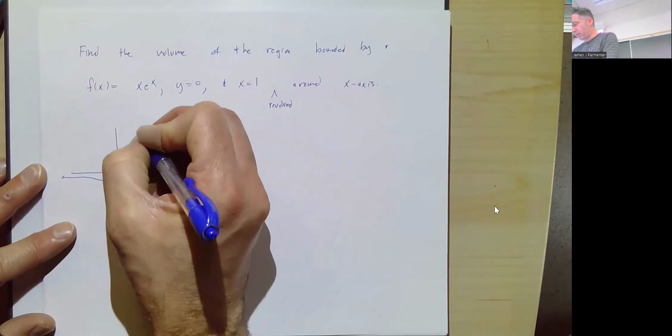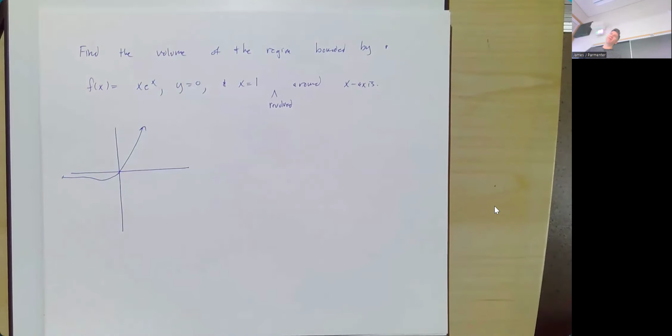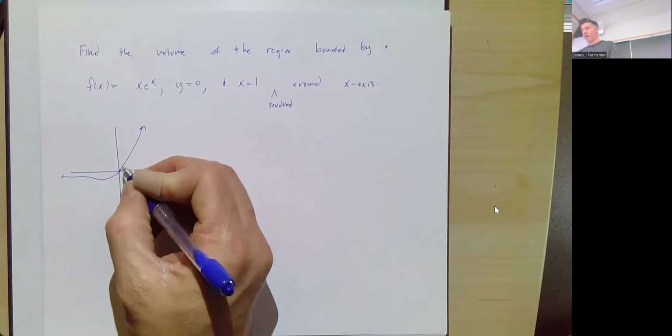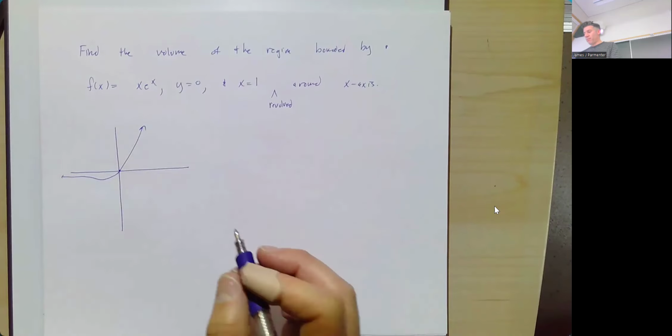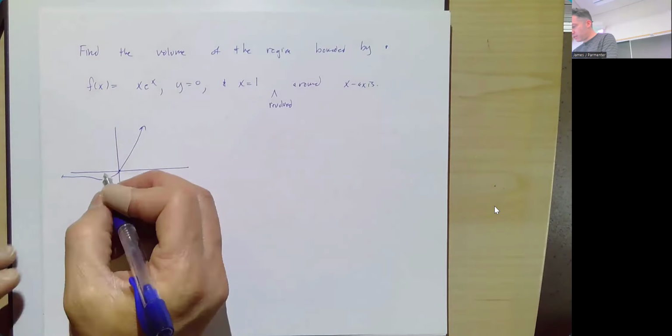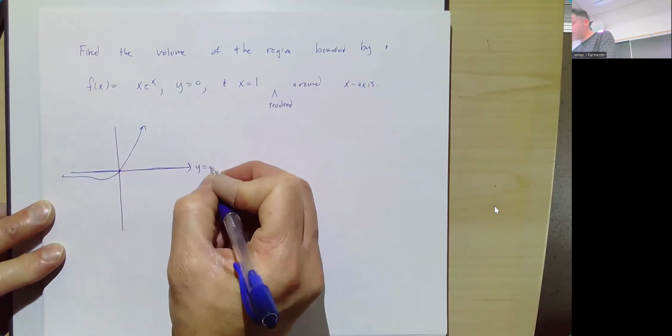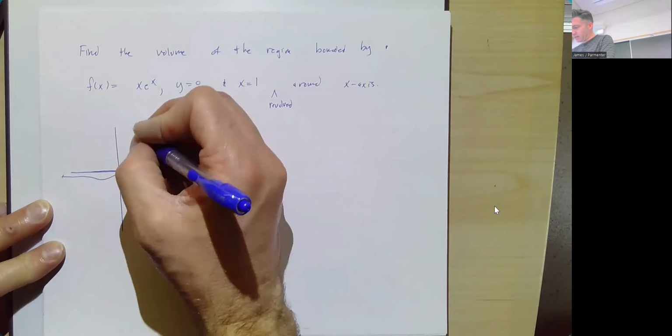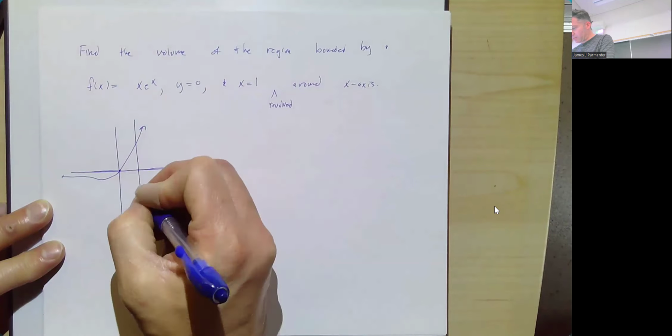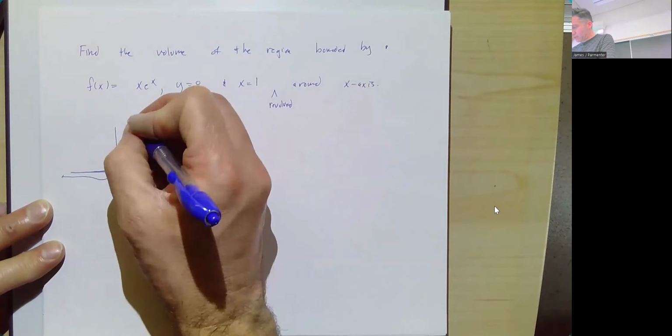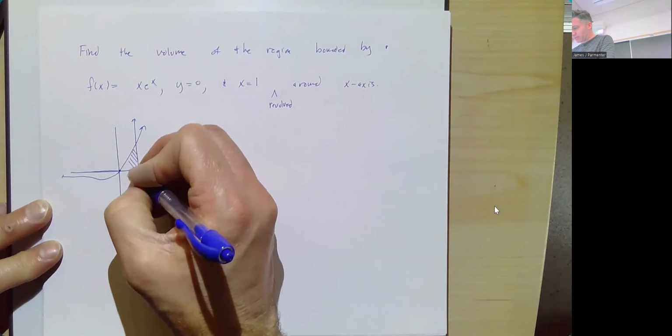It's negative to the left because it crosses the x-axis at the origin. It's positive to the right. And then my bounds are going to be this function, y equals 0, or the x-axis, and x equals 1. So I'm looking at something like this.